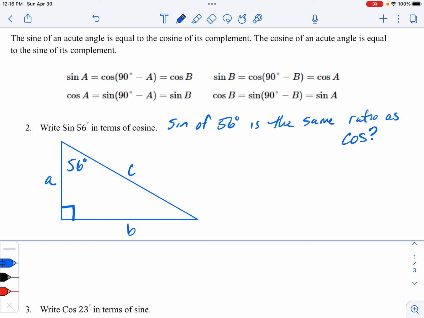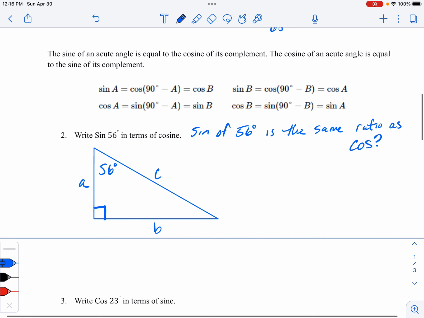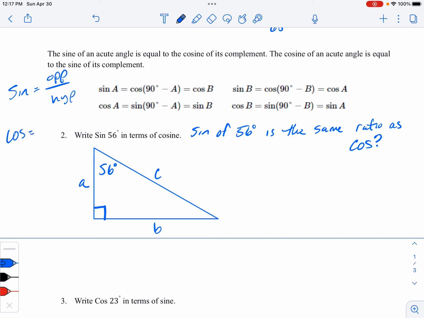Let me write this so we have a reference. Remember, sine is opposite over hypotenuse. Cosine is adjacent over hypotenuse. So the sine of 56 is opposite over hypotenuse, which is equal to the ratio of b over c.